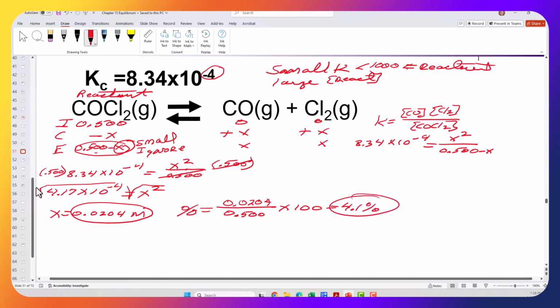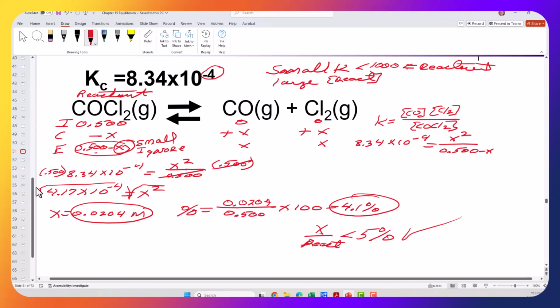As long as the percent of x divided by your starting reactant concentration is less than 5%, you are okay to ignore the x. It is small enough to simply ignore.